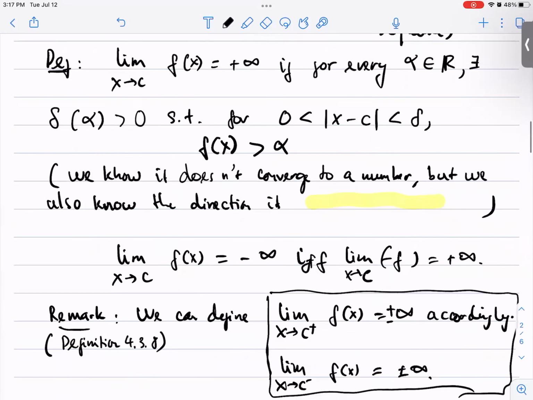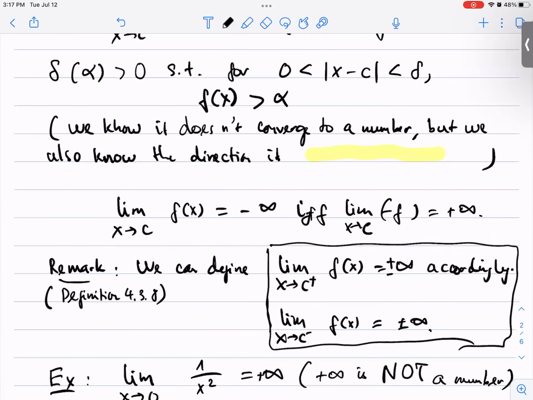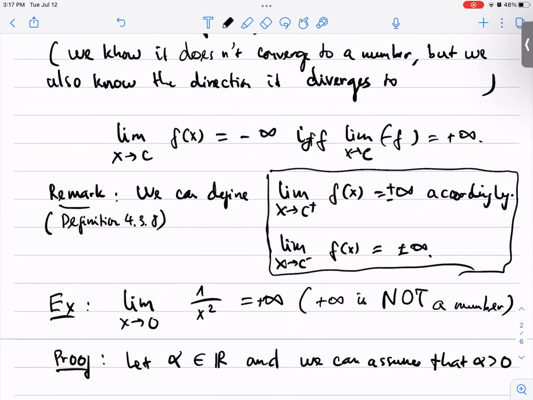So in this case, we know the function doesn't converge to a number, but we also know the direction it diverges to. And a similar definition is that the limit when x approaching c of f(x) equal to minus infinity if and only if the limit of minus of the function f equal to plus infinity.